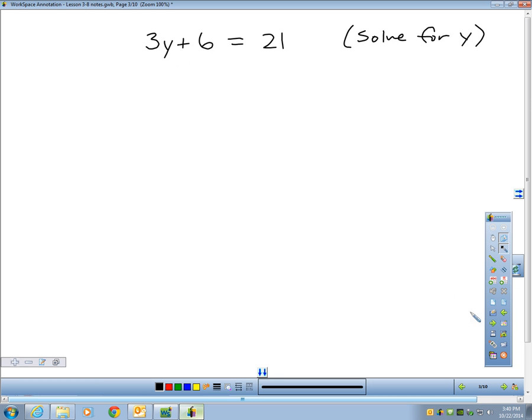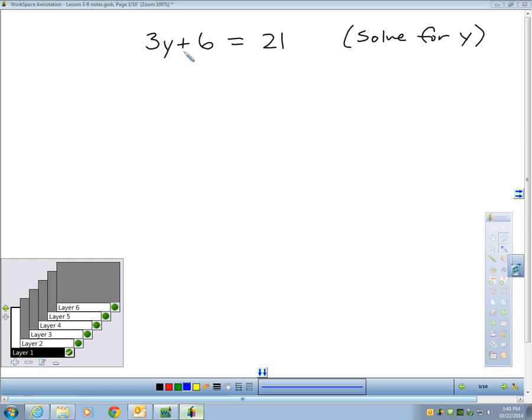Here would be an example, and this is where thinking about the onion comes in handy. I want to solve this equation for y. This is just a normal equation like we would have done earlier in chapter 3. Thinking about the onion, my inside layer is y, followed by the times 3, followed by the plus 6.